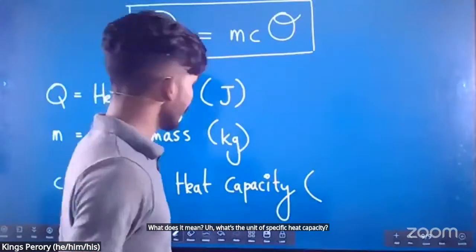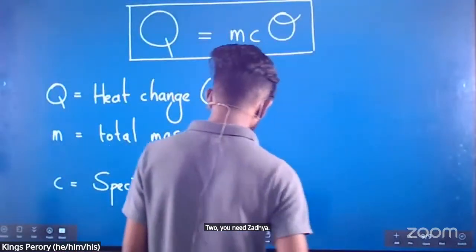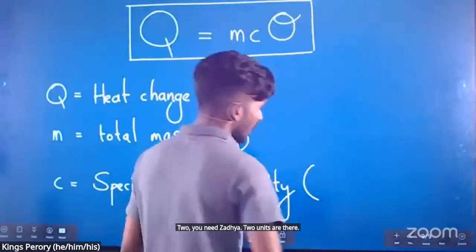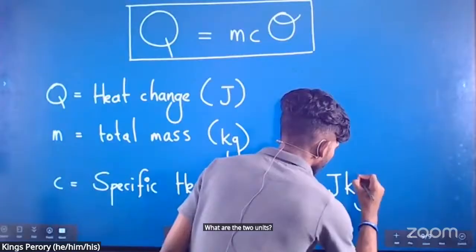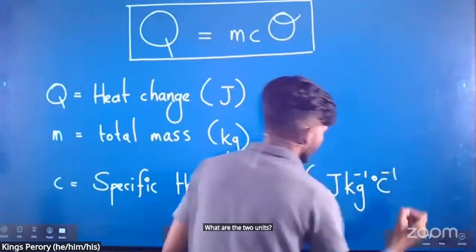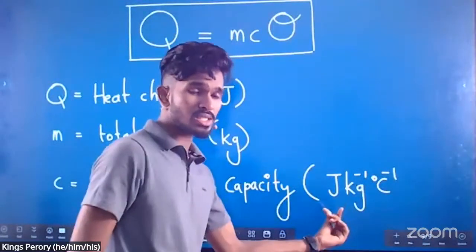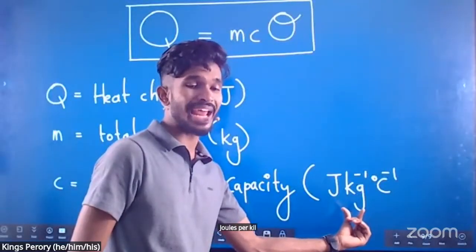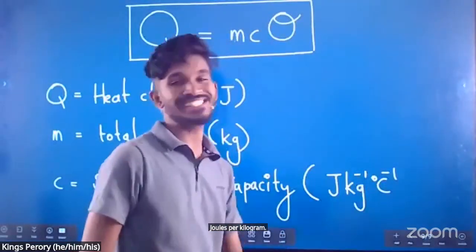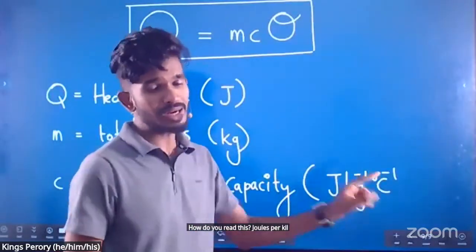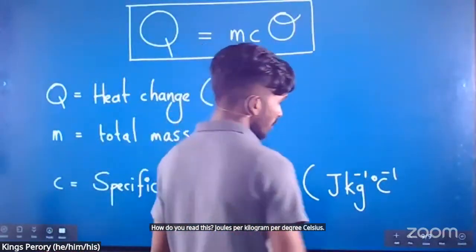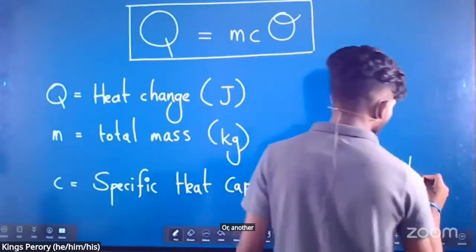Two units are there. Joules per kilogram per degree Celsius. How do you read this? Joules per kilogram per degree Celsius. Or another unit is there.